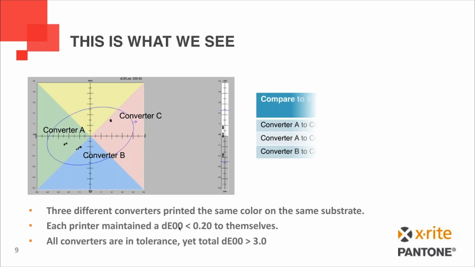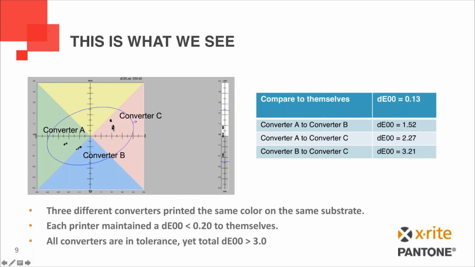Here's some real numbers from a brand owner that we worked with, and we saw exactly what I just illustrated. In this scenario, each of these converters established their press room standards in the scenario we described, and they stayed very tight to those. As you can see here, the cluster shows converter C, for example, extremely tight to their standard.